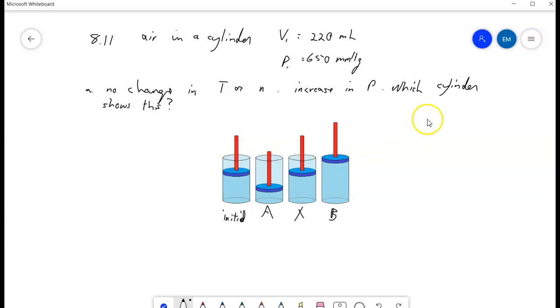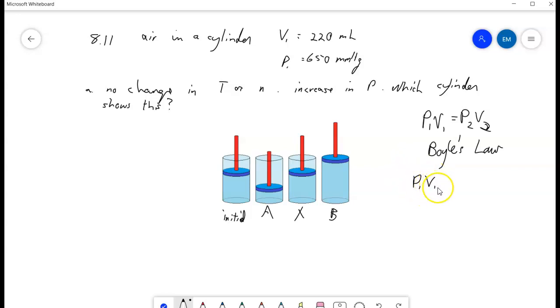Remember, when we talk about increase in pressure, Boyle's law: P1 V1 is equal to P2 V2. When you're working with pressure and volume and no other variables, you're talking about Boyle's law. So just think about it.